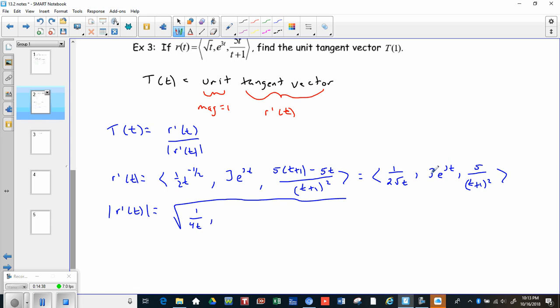Squaring this is going to be 9e to the 3t squared, or e to the 6t. So that's 9, oops, that should be plus 9e to the 6t. And then squaring this, looks like we're going to get 25 over t plus 1 now to the fourth power.